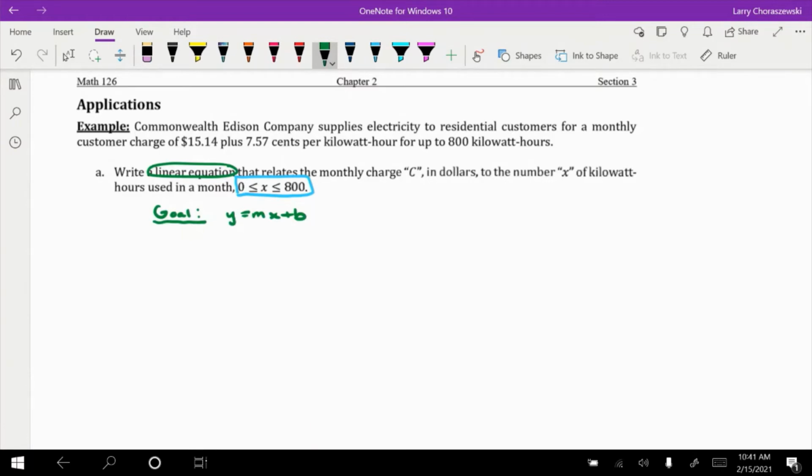But they don't want us to use y. Instead, they want us to use c. And so I'm going to rewrite this as c equals mx plus b. Now, as you might tell, in order to do this, we're going to need the slope and y-intercept.